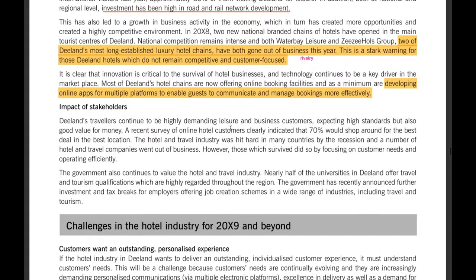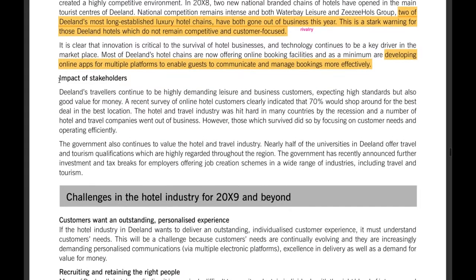When it comes to the impact of the stakeholders, remember we have one particular question that talks about this. Impact of stakeholders: Zealand's travelers continue to be highly demanding. This is another element of home demand.